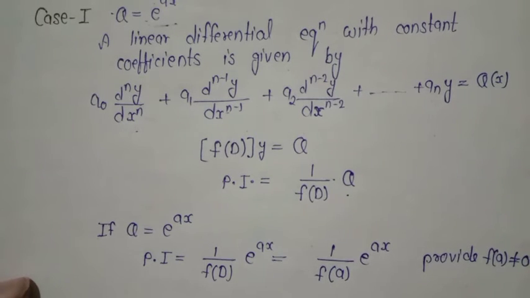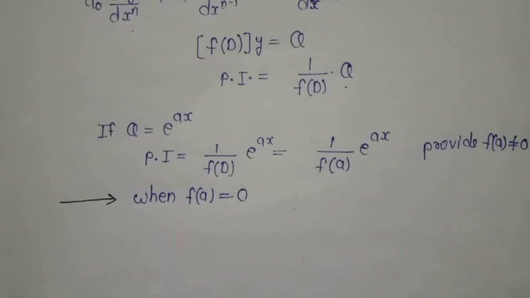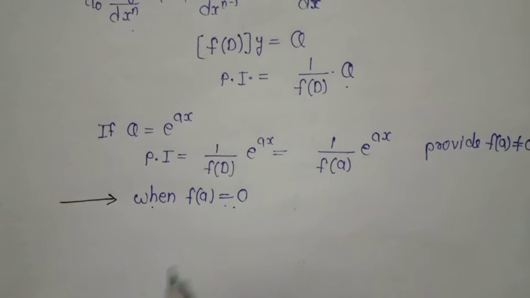So if there are some cases in which f of a becomes 0, then how can we find the particular integral in that case? So I want to discuss which method we can apply to find the particular integral when f of a is equal to 0.